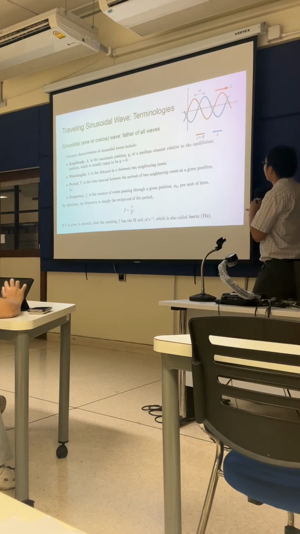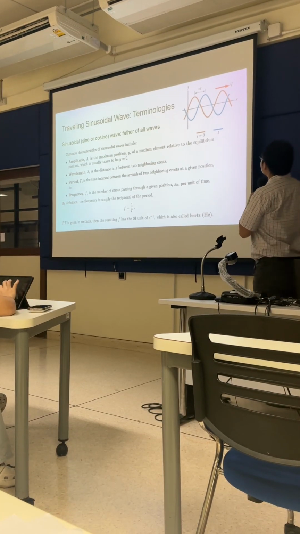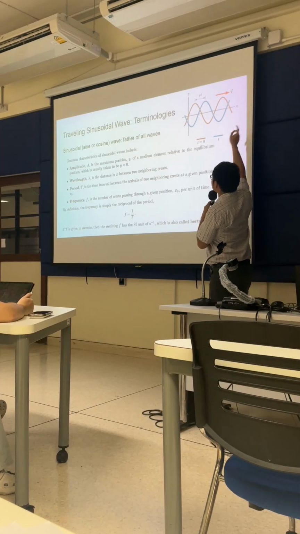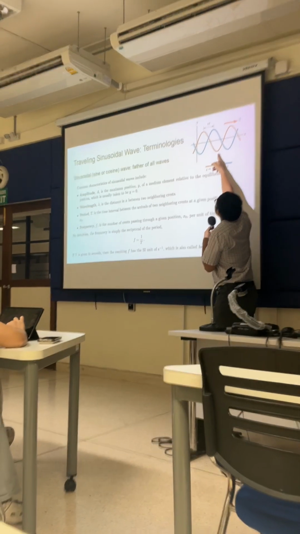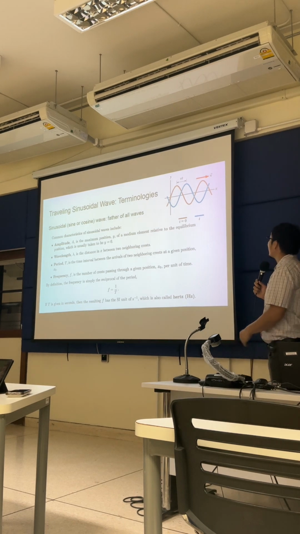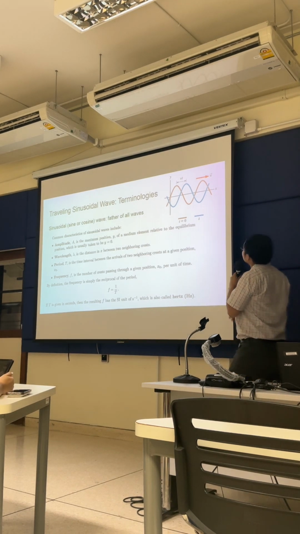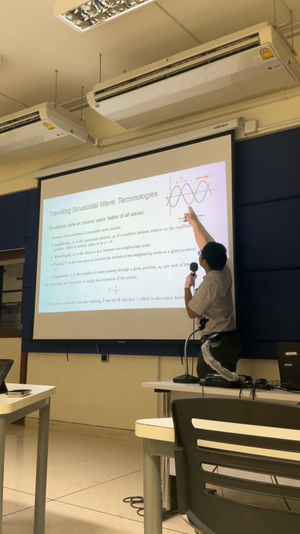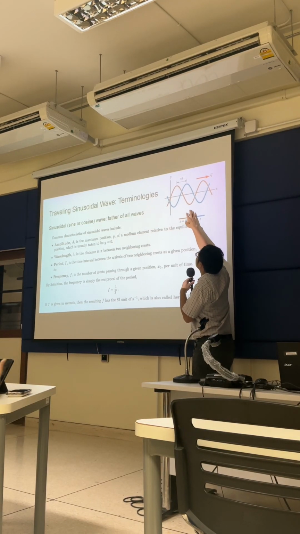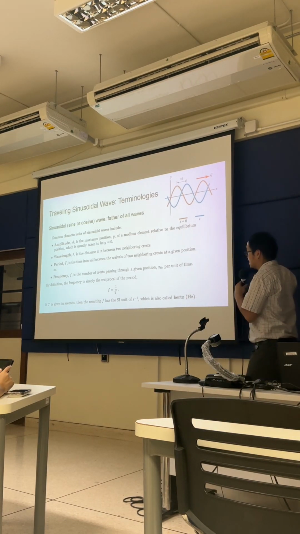And then at some other time t, the wave pattern would travel, in this case, toward the positive x direction, and it travels with speed v. When it does that, we see that the wave shifts from the red pattern to the blue pattern. So it is the same pattern, but it just shifts in position over time with constant speed.